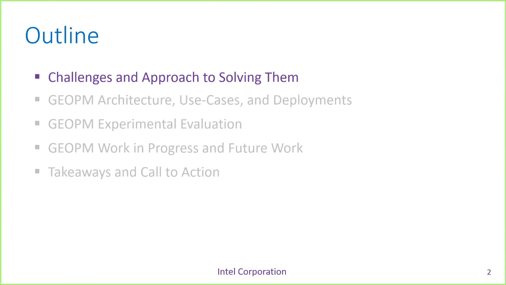If there's time, I'll talk next about some work that we have in progress and are doing in the future. And then I'll close with some takeaways and a call to action to join the growing community of GEOPM users and developers.